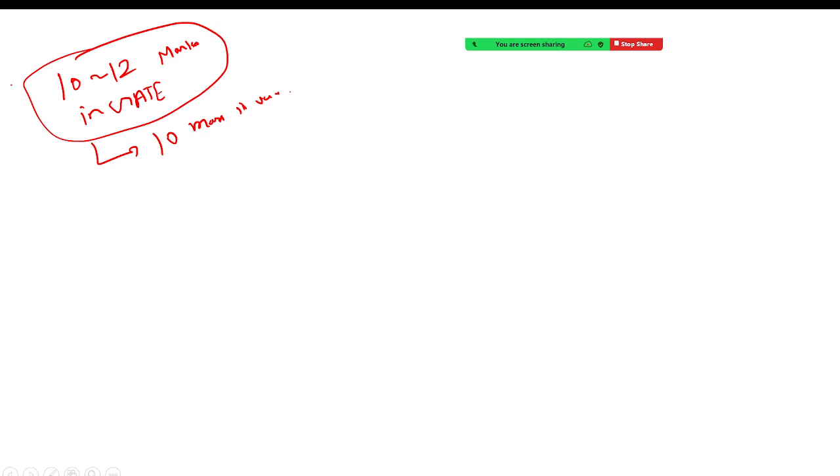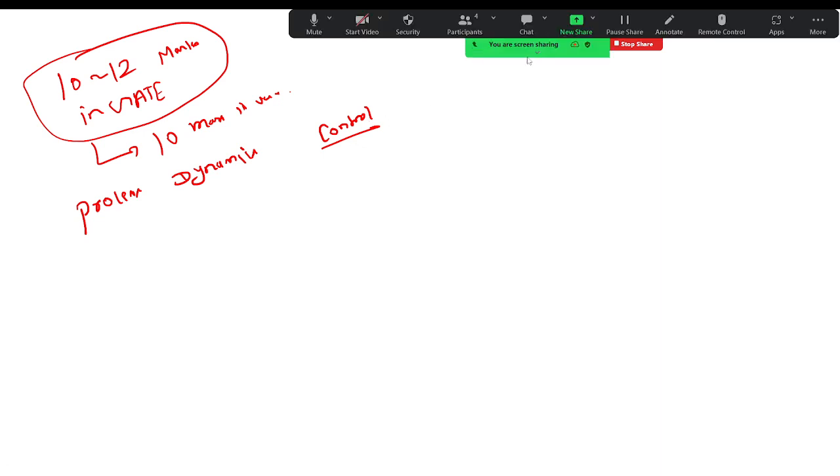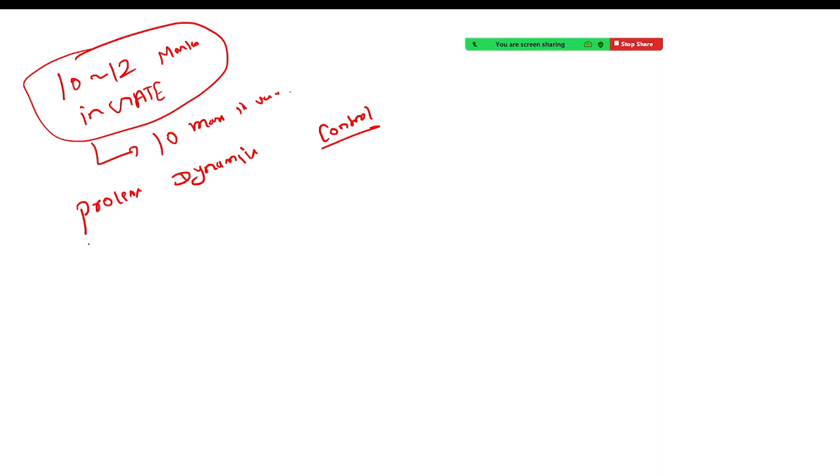When we talk about process dynamics and control, this topic consists of three particular words: process, dynamics, and control.